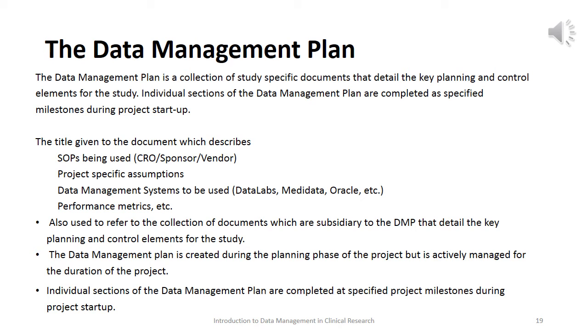It's also created during the planning phase of the project, but it's actively managed for the duration of the project, so some of the information can change. Then individual sections of the data management plan are completed at specific project milestones during project startup. And we're going to be talking about some of those individual sections as we go along.